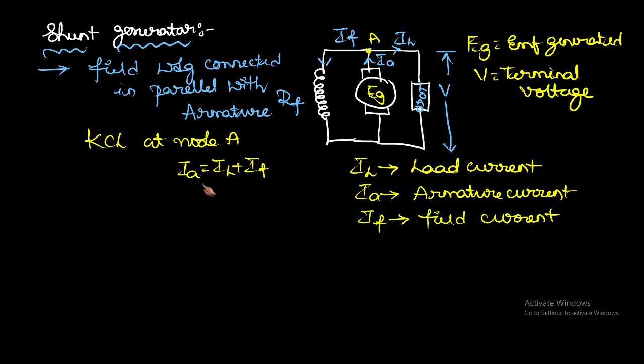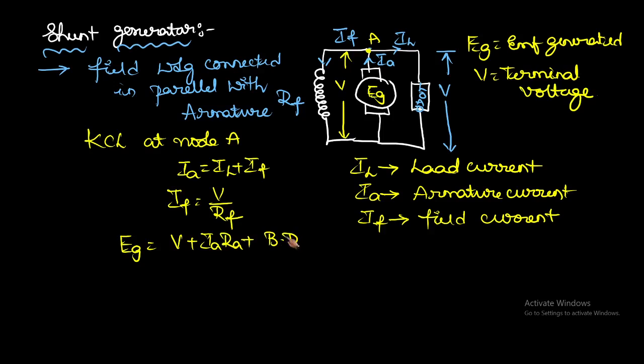One by one, if you apply KCL at node A, you get armature current IA equals IL plus IF. As you know, the terminal voltage is present across the field winding also, because these are all connected in parallel, so we can write IF as V by RF. Next, EMF generated EG is equal to V plus IA RA plus brush drop.